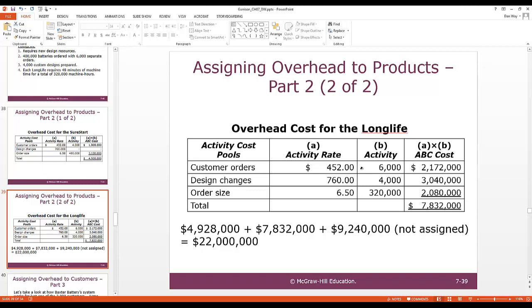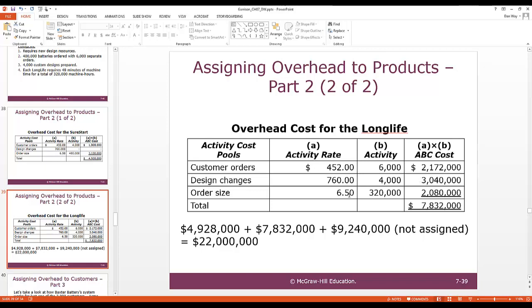So 6,000 orders times that rate of $452, $2,172,000. The Long Life did require design changes. So we had 4,000 custom designs that were prepared, times the activity rate of $760 per custom design, for total assigned cost of $3,040,000.